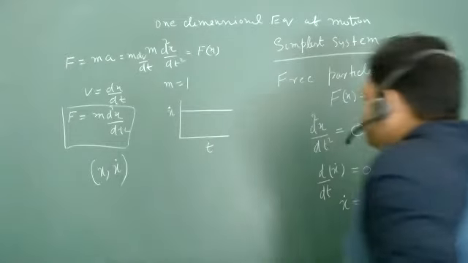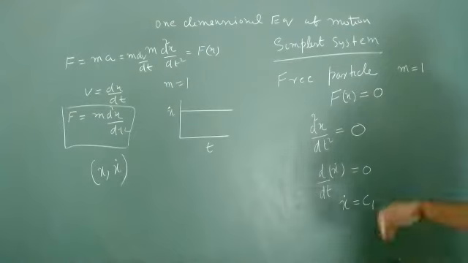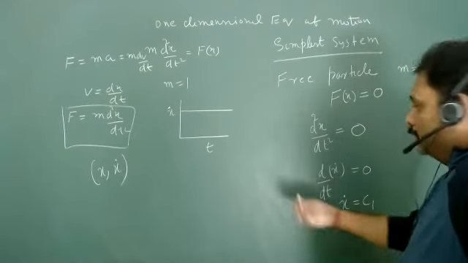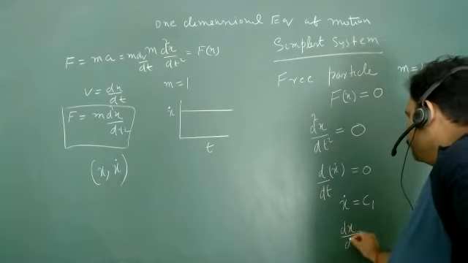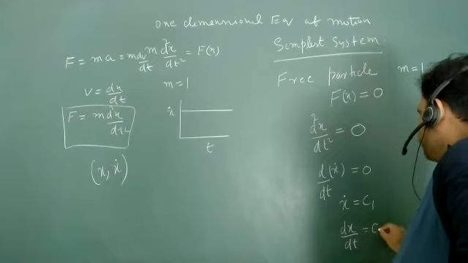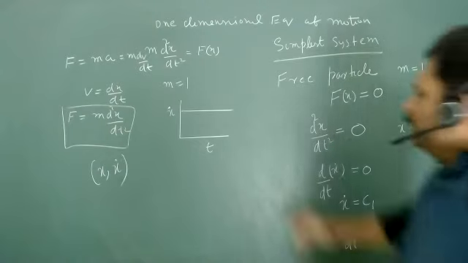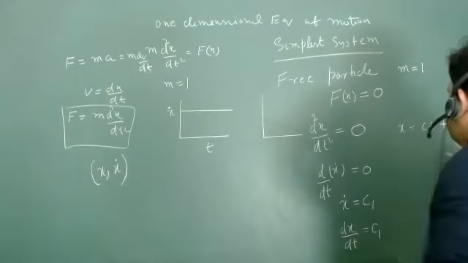Now if I solve the other part, x, we have dx upon dt equal to c1, and x is equal to c1t plus c2. This is the relationship between x versus t.